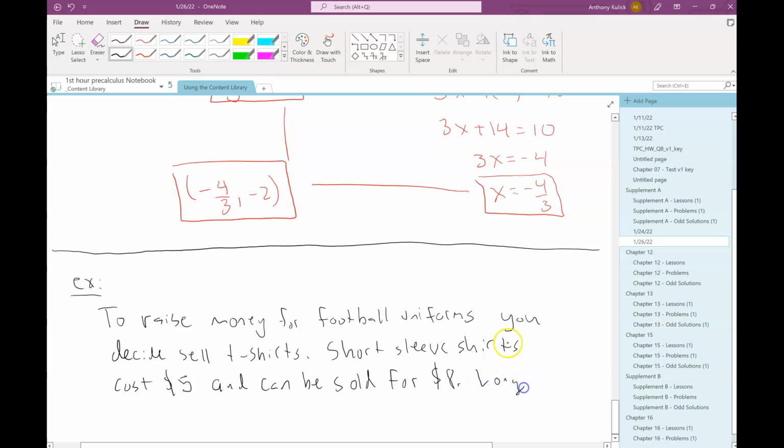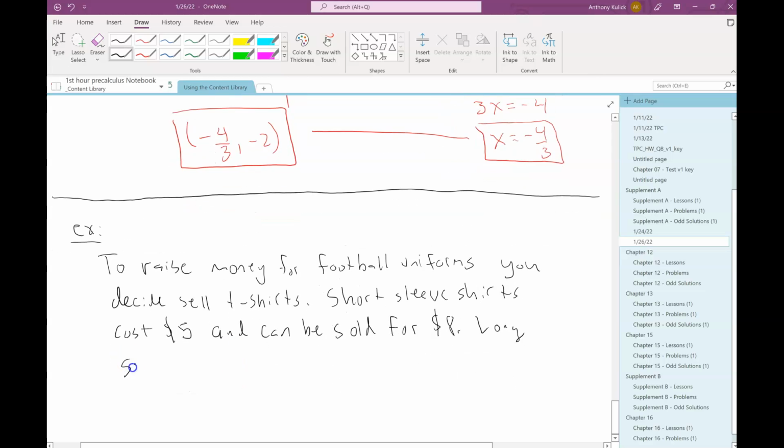Long sleeve shirts cost $7 and can be sold for $12.